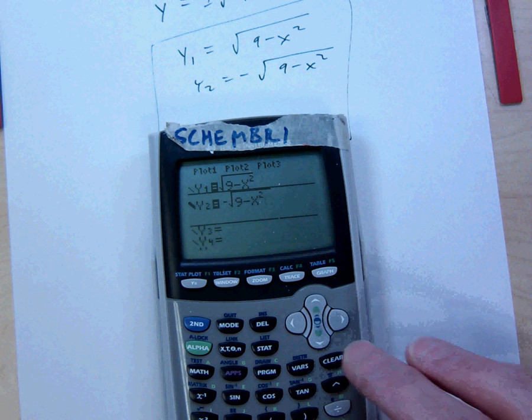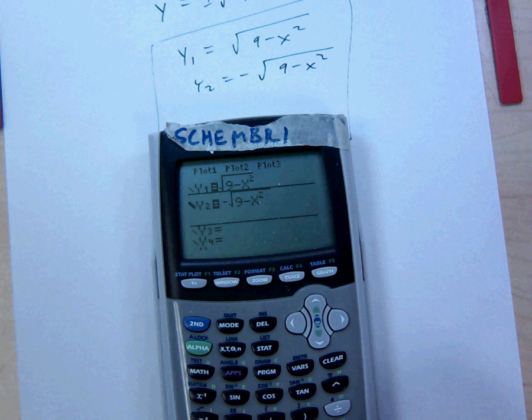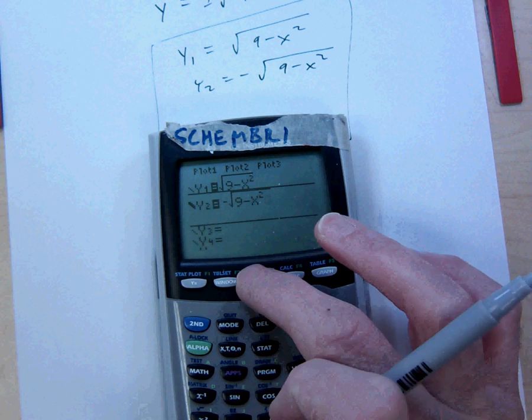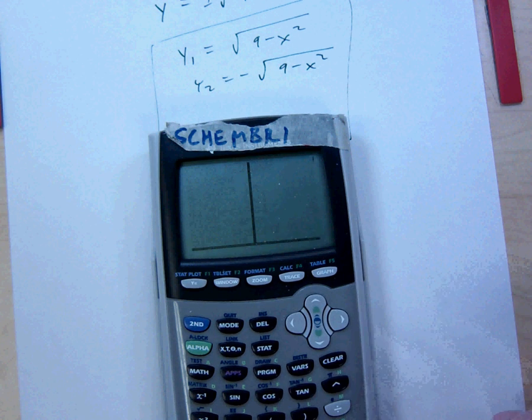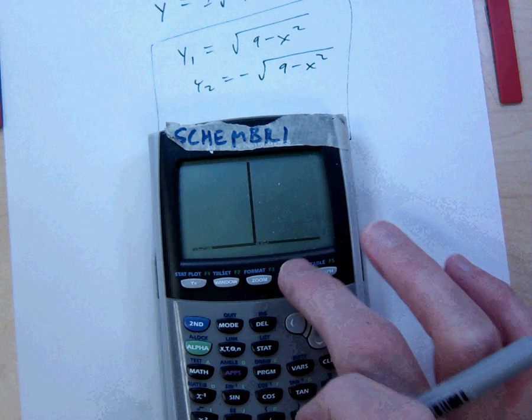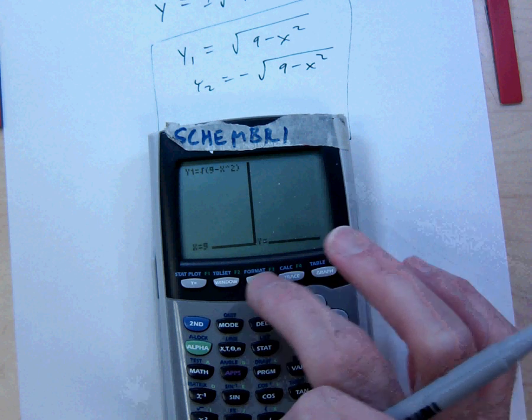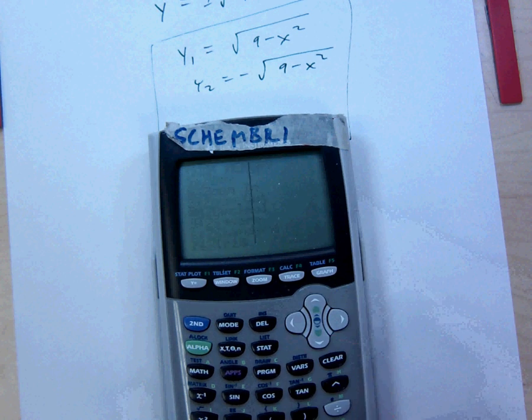I know which one's going to be darker? Y2, right? The negative square root one? You got it? Okay, so watch. Here it goes. I'm going to use zoom z square. Nah, that's not good. Sorry. Let's start out with the decimal window. There we go.